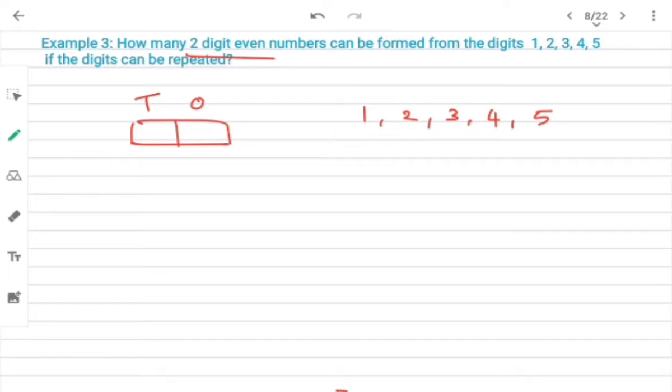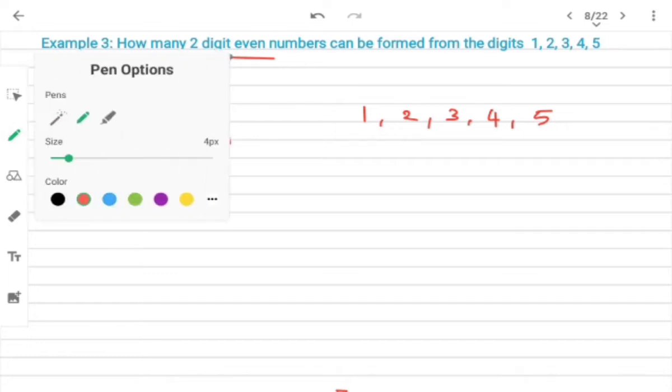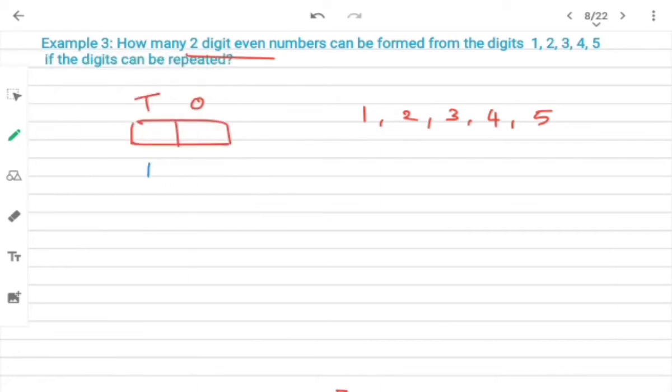Now in the tens place, I have an option of how many numbers? 5 numbers. Either I can place 1 or 2 or 3, 4, 5. I have 5 numbers in my hand to be placed in this tens place. In ones place, it should be an even number.